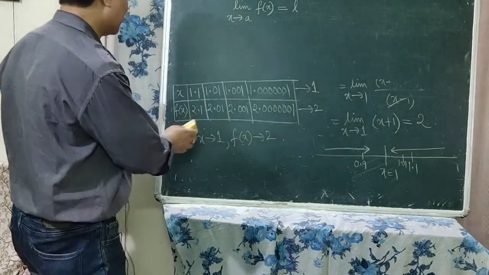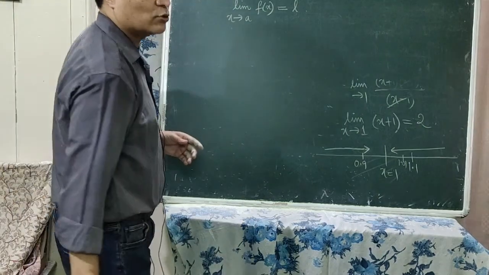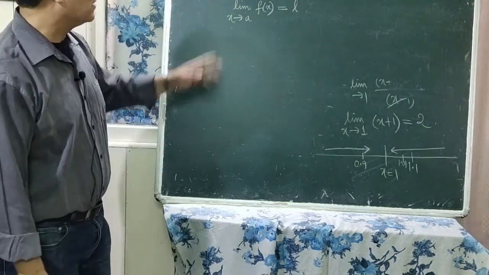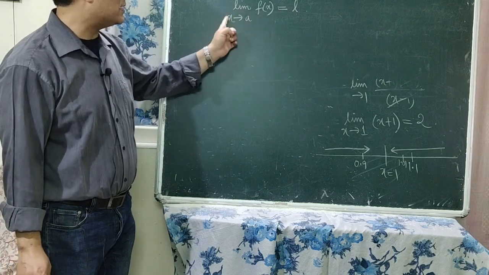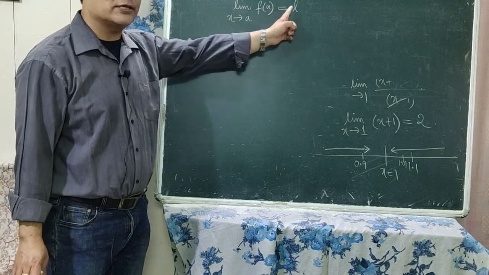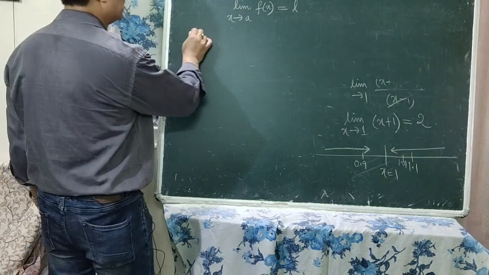Okay, so you can write here definition of limit. Whenever you are asked to write down the definition of the limit, first of all you have to write down the mathematical notation, that is limit x tends to a, f of x is equal to l. Okay, so now you have to write down the definition.